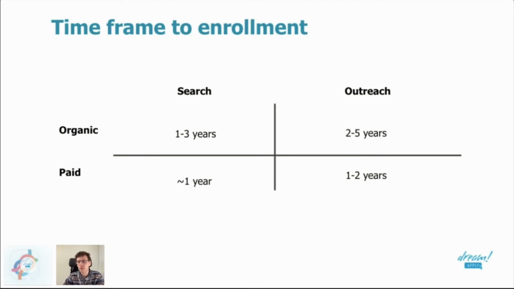I would consider organic outreach could also be reaching out to parents, or even going to secondary schools, for example, to present what you have to offer. This can really make a very big difference in 5 years' time, but you can't expect any results from it within 1 year.